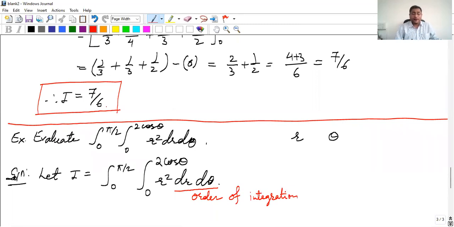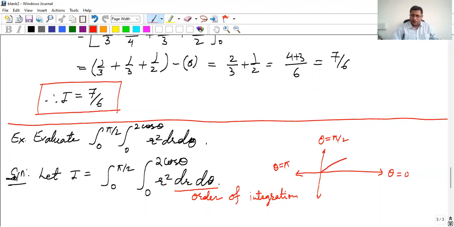As I said, in case of the Cartesian coordinates, we have to consider either the vertical strip or the horizontal strip. In case of the polar coordinates, we have the initial line theta is equal to 0, and the other lines theta is equal to pi by 2, theta is equal to pi, and like that.